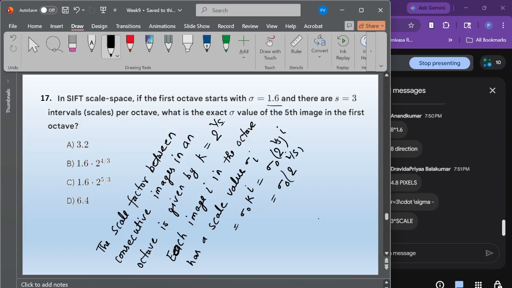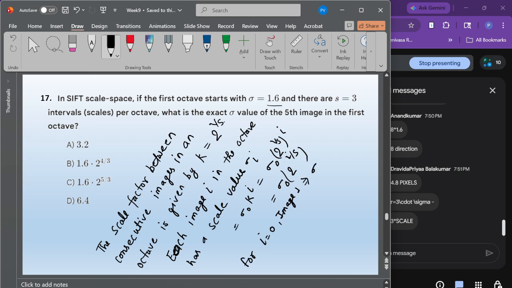Now for each image we have to calculate. Here i is the image index. So for i equal to 0, let's say it is image 1.